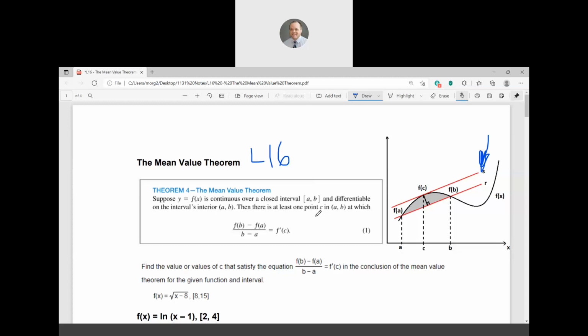Then there is at least one point c in your open interval (a, b) such that when you take the derivative at c, or f prime of c, that's equal to basically the slope formula: f of b minus f of a over b minus a.